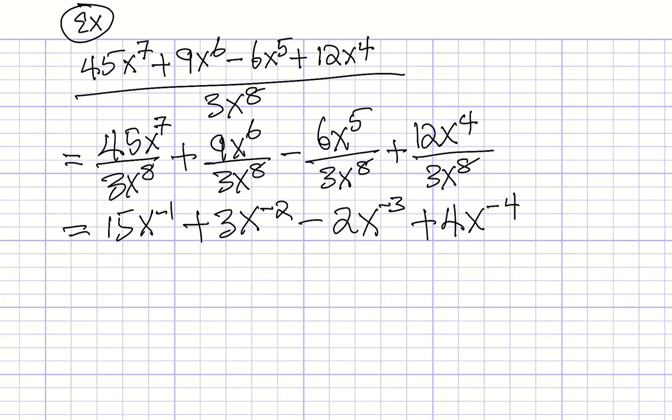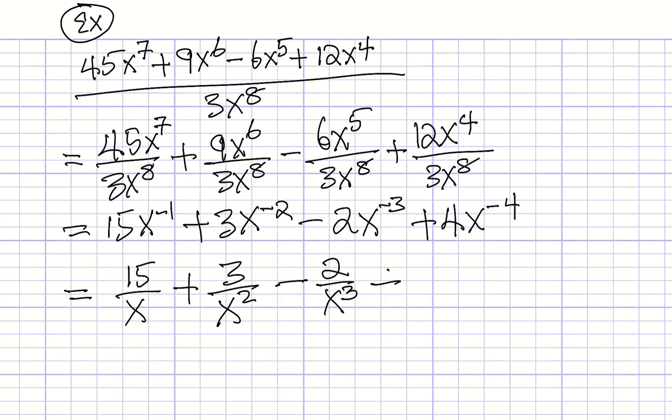If you want, you can write it like this if that makes you happy: 15 over x plus 3 over x raised to the power 2 minus 2 over x raised to the power 3 plus 4 over x raised to the power 4.